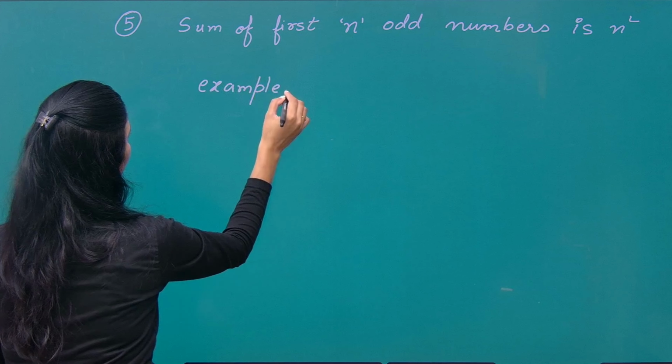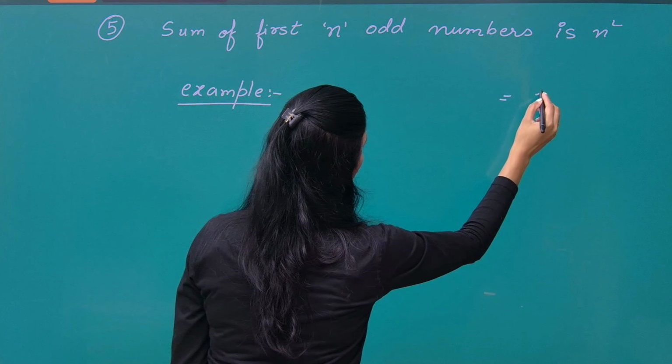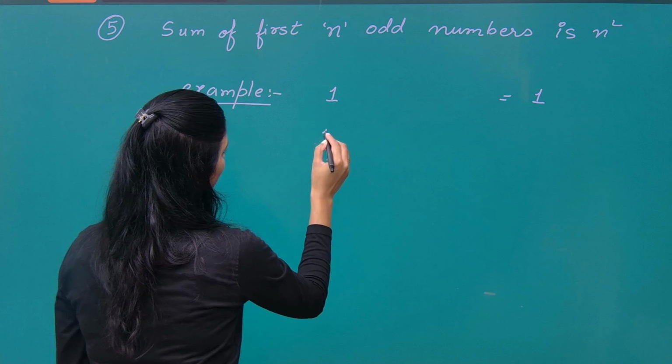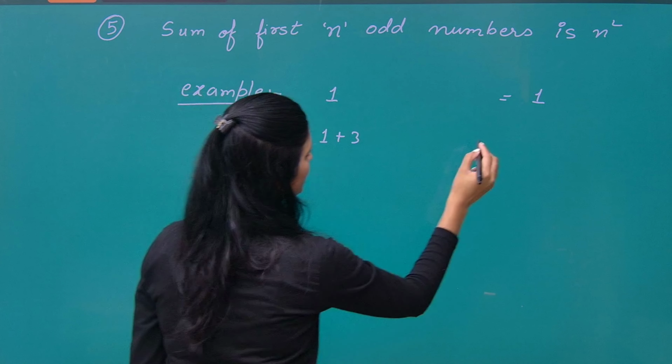If we take the first odd number, the total sum is equal to 1. If we take the first two odd numbers, their sum is equal to 4. If we take the first three odd numbers, their sum is equal to 9, right? Now, if you see the pattern, this 1 is equal to 1 whole square, this 4 is equal to 2 whole square, 9 is equal to 3 whole square.